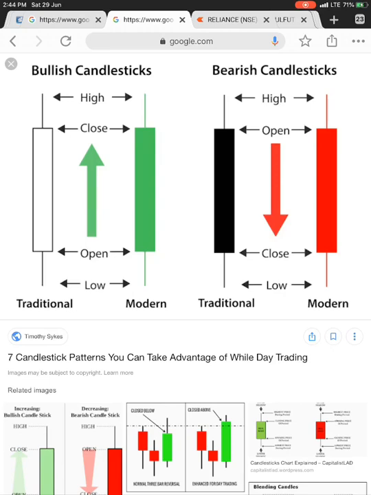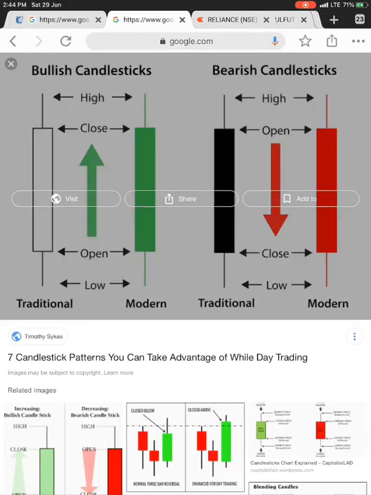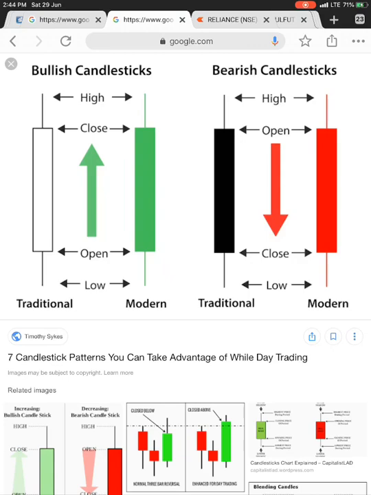Whenever I say candle, most of the time the colors used are green ones and red ones. Traditionally, the green color was used as the hollow candle, and the red candle was traditionally black colored. A typical candle has certain parts: high, close, open and low.